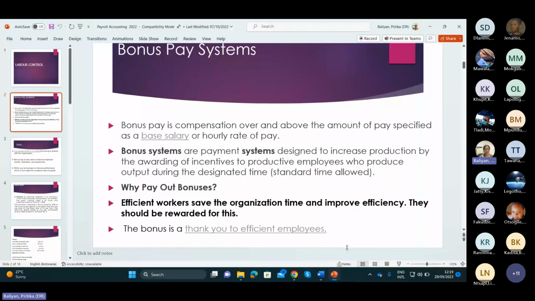When somebody gets some compensation, or you can say reward, over and above the amount of their basic salary, or if they are paid on an hourly basis, the wages due to efficiency at work, that amount is known as bonus pay.